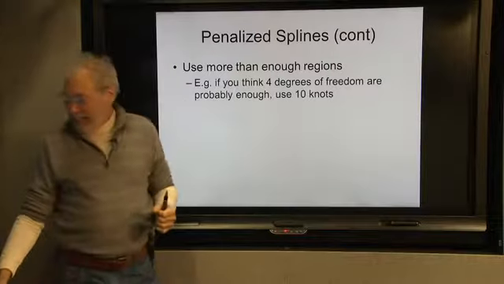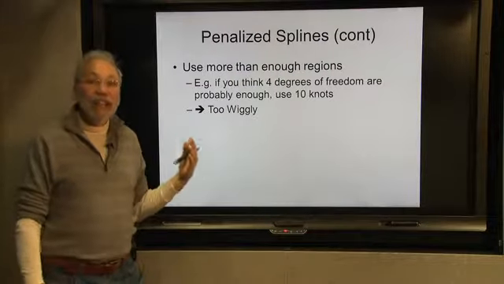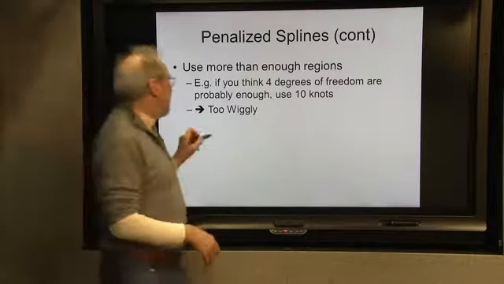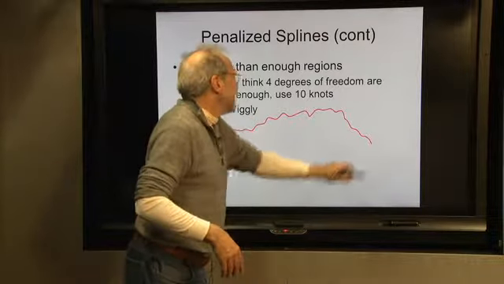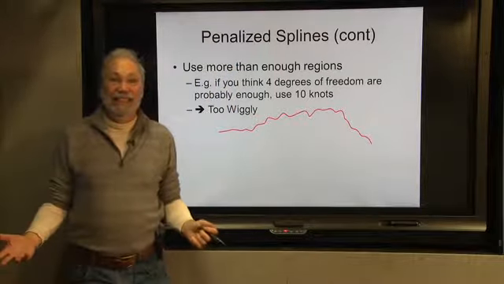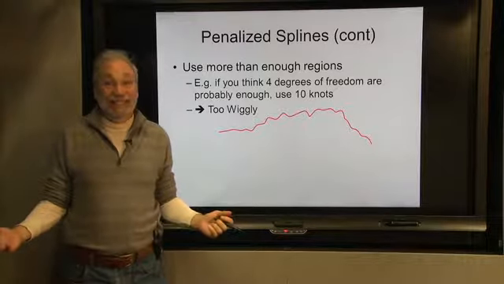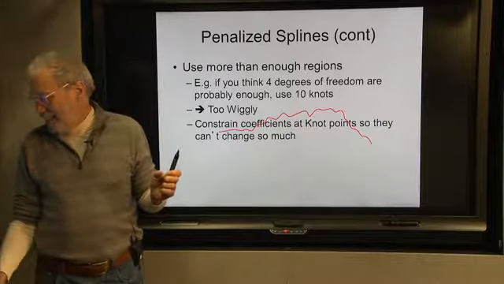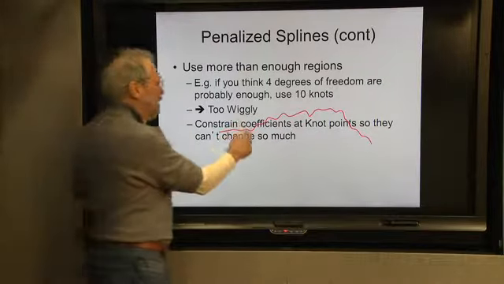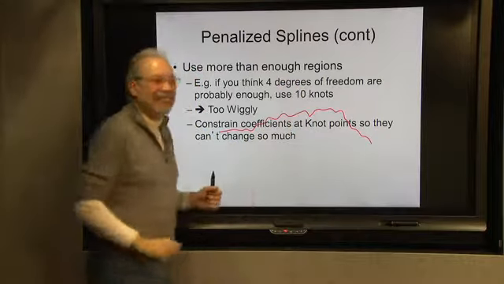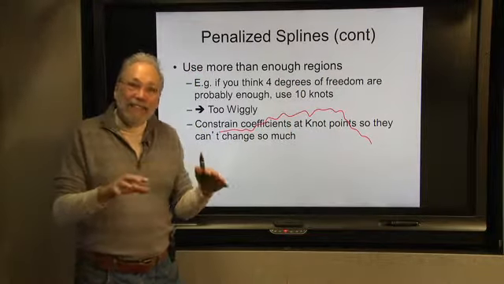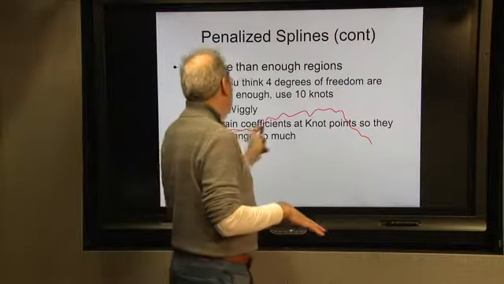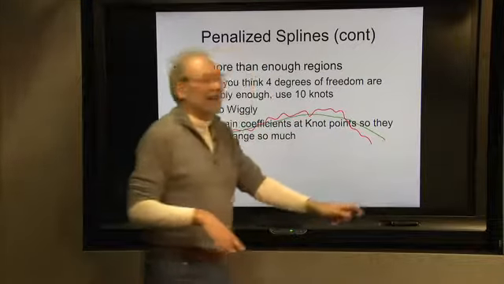So I've got 10 regions, and if I just put in the spline with 10 different polynomials, I'm clearly going to get a curve that's too wiggly. And that's where the roughness penalty comes in. If I constrain the coefficients so they can't change very much, that will obviously smooth out the curve, and I'll get something that looks more like that.